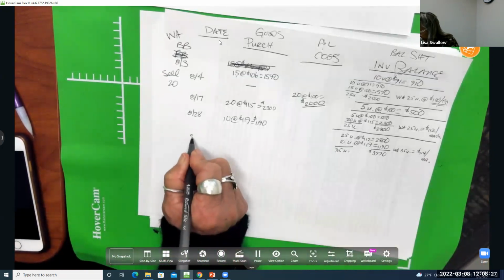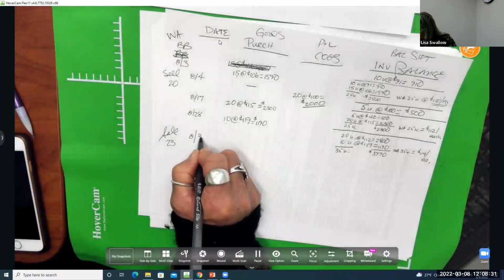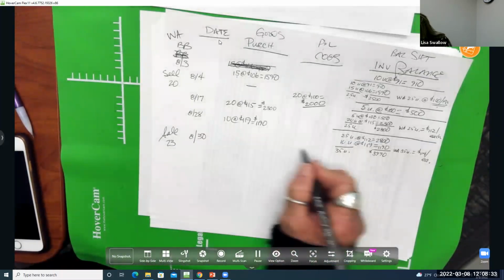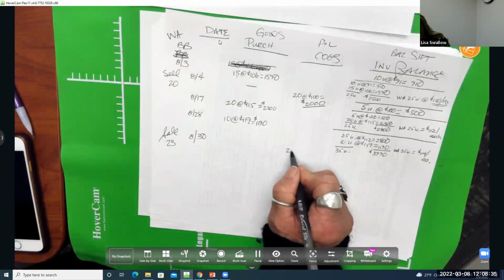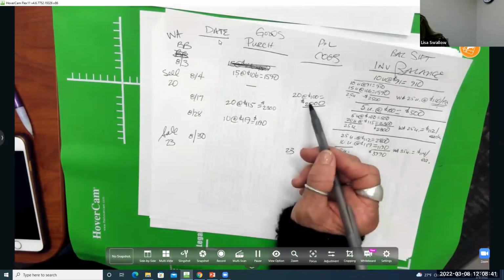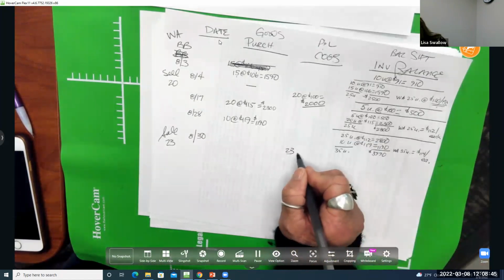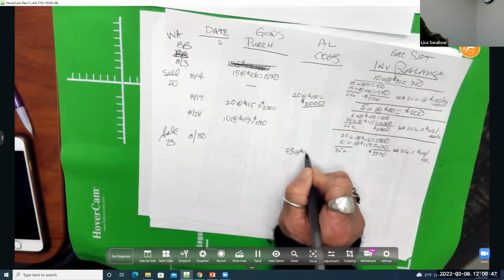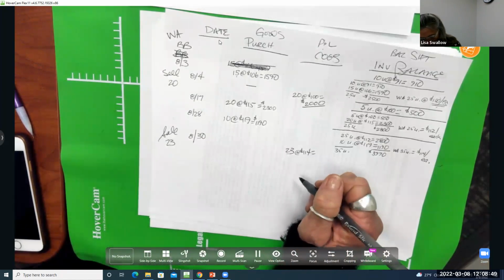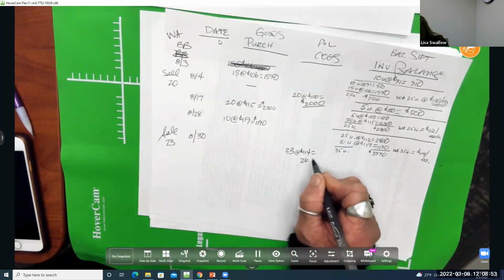So when I make this sale on the 30th, it's super easy. I just go and pick up my last weighted average, just like I did up here. So 23 bikes at 114 each, 2,622.